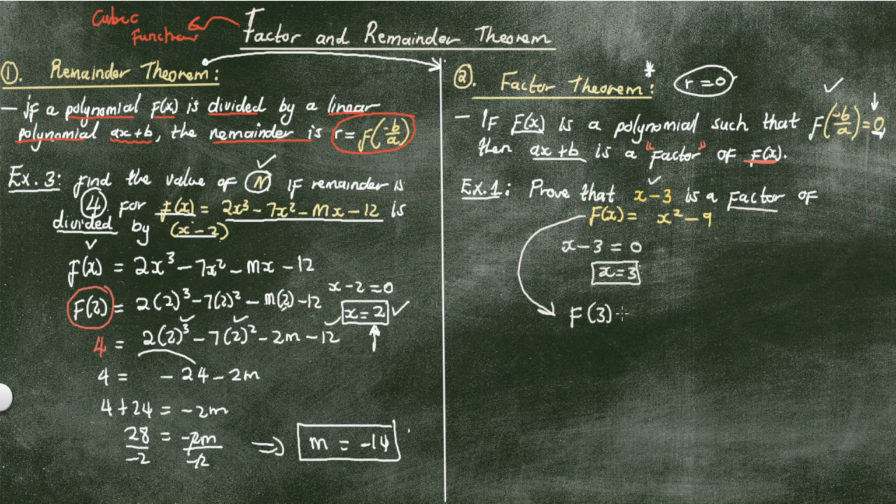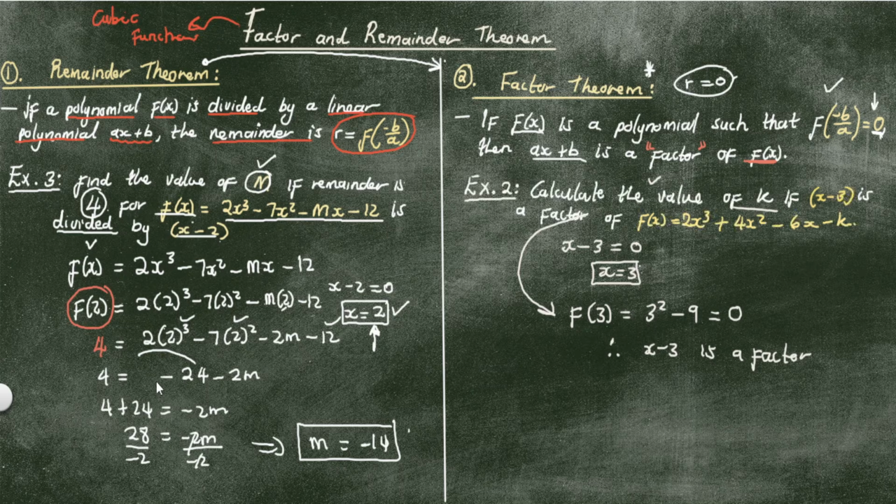F of 3, then 3 squared minus 9. So when you punch this, you should get a 0. Therefore, x minus 3 is a factor. Why? It's because the remainder is equal to 0.